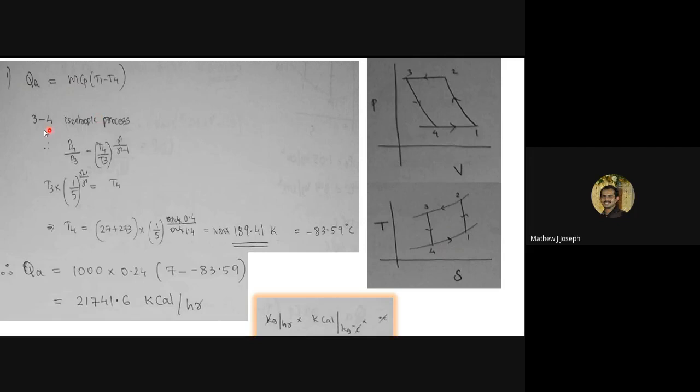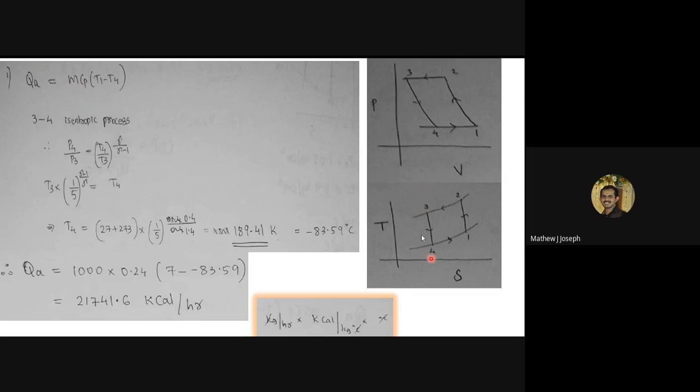So we can take the help of the process 3 to 4. Okay, that is, the point 4 is common to the process 4 to 1, and it is also common to the process 3 to 4. During the process 4 to 1, heat is absorbed, but not much further detail is given regarding this 4 to 1 process. So now let us look at the other process, that is 3 to 4.